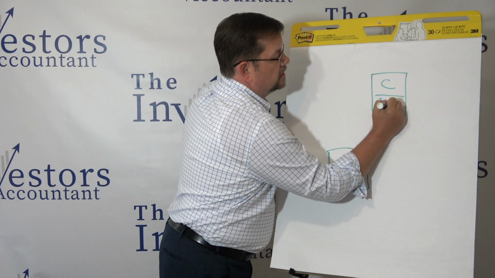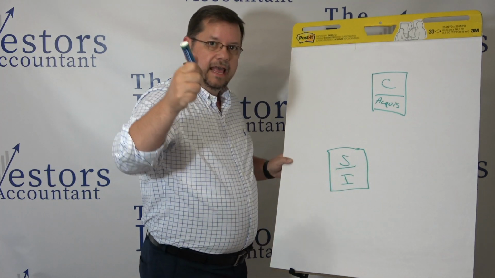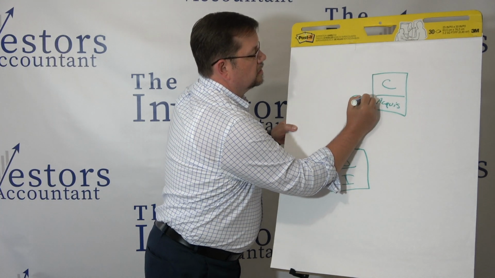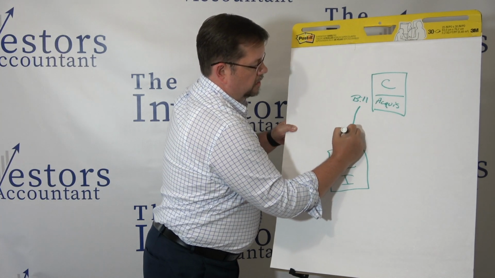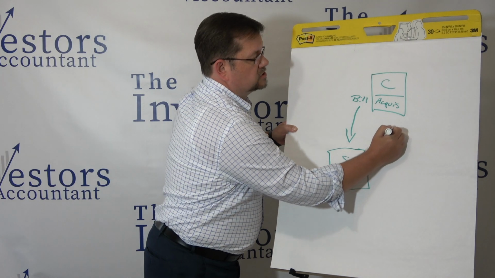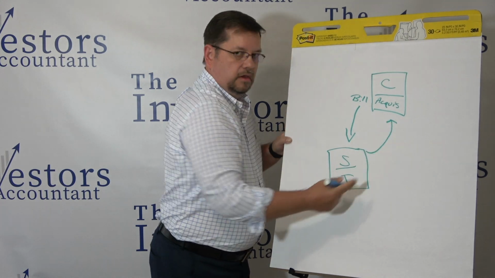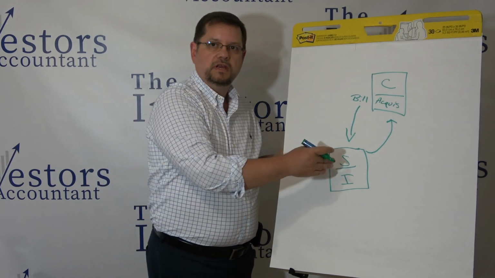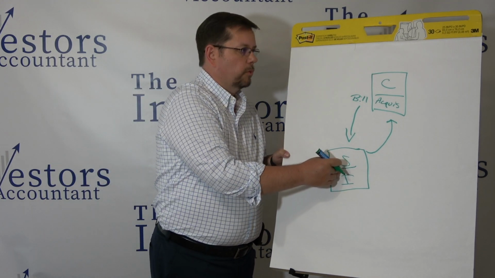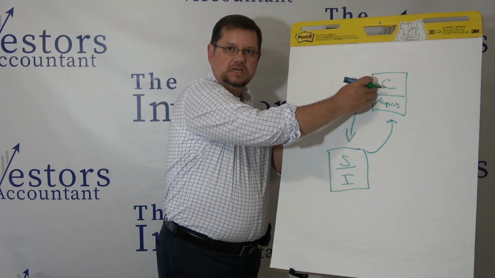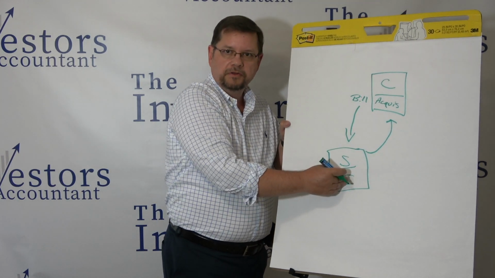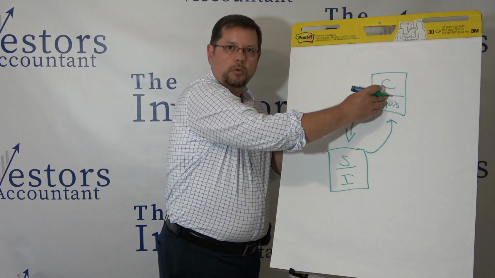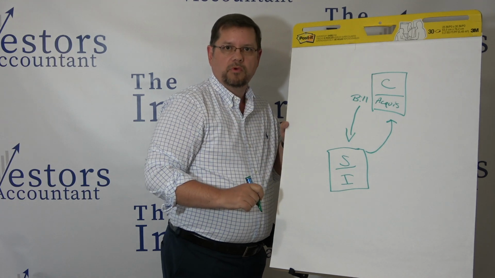So, here's your acquisitions. And what we do now is we bill the S Corp, and the S Corp in turn pays the C Corp. So what we're doing is we are moving revenue out of the S Corporation up into the C Corporation. This will flow through to our personal tax return. This will stay in the C Corp and be taxed at the C Corp rate.